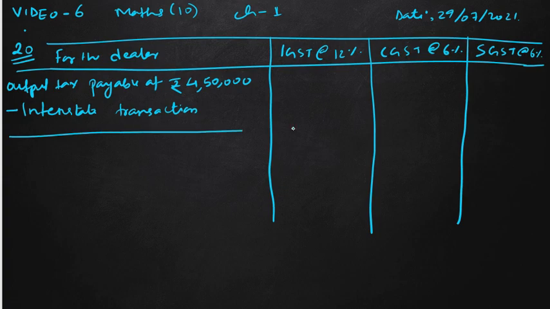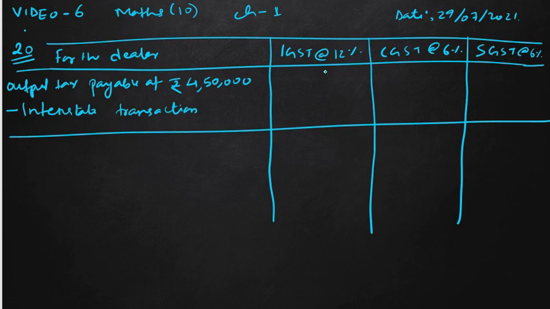Interstate means a different state. So for a different state, which GST will be applicable? Only the IGST will be applicable. IGST is at the rate of 12%.